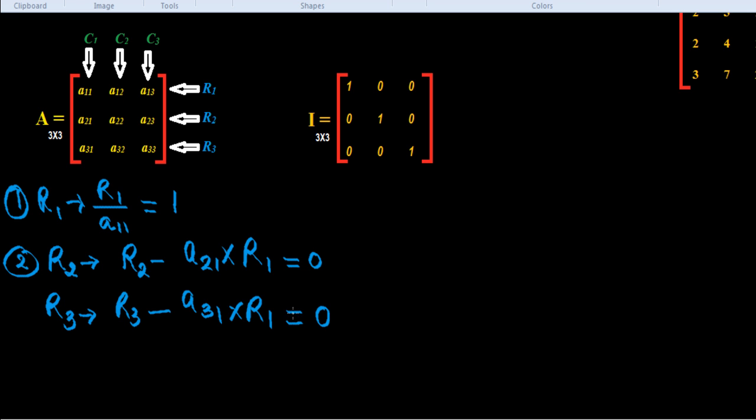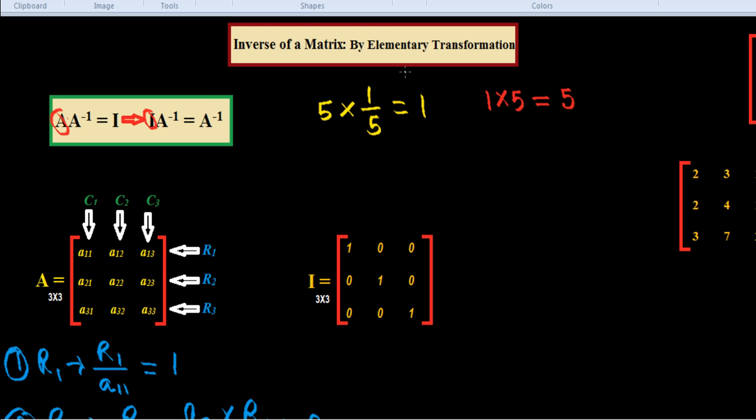This way we can convert the elements into 1 and 0, so we can transform matrix A into identity matrix. As it converts into the identity matrix, the identity matrix on the right will automatically convert into A inverse. The same process we have to do on the right side.